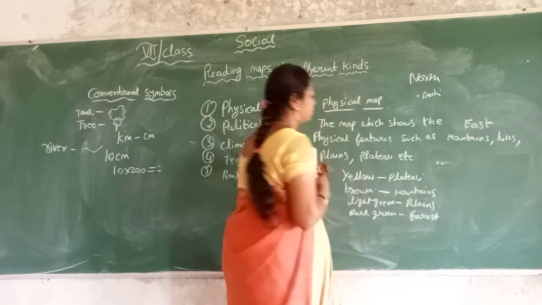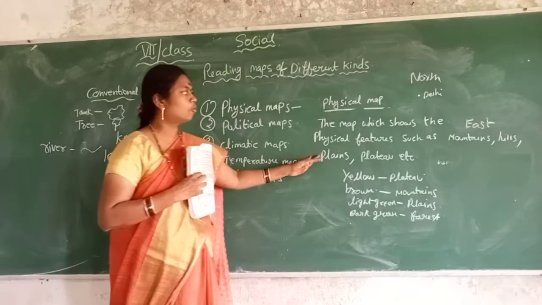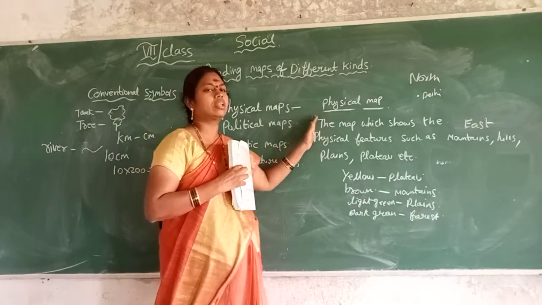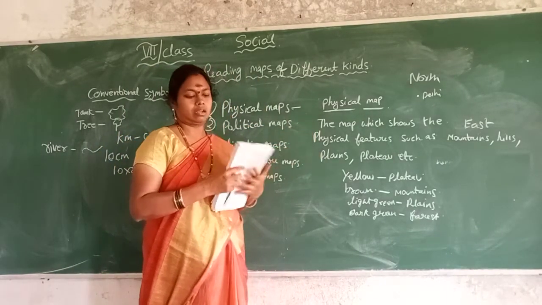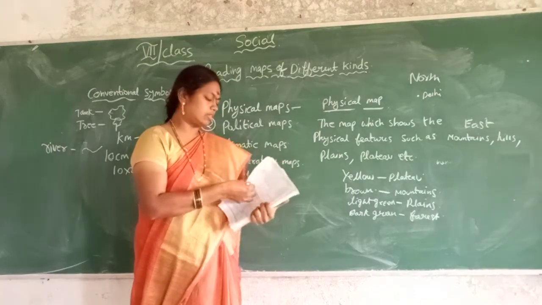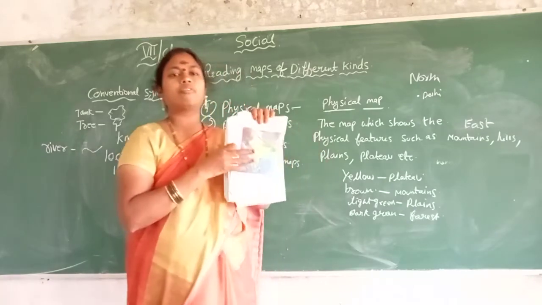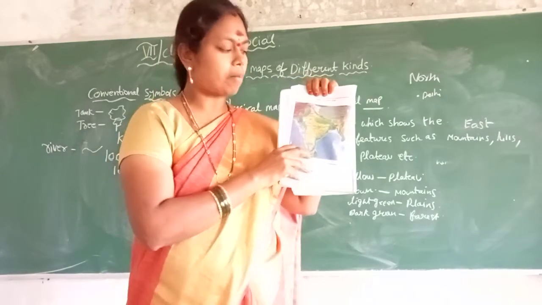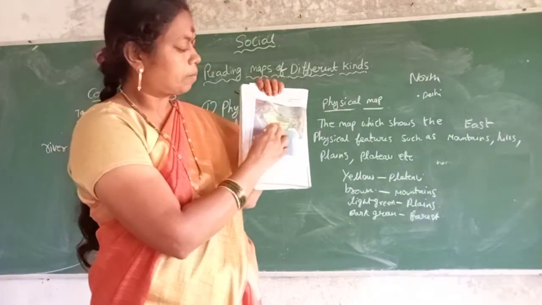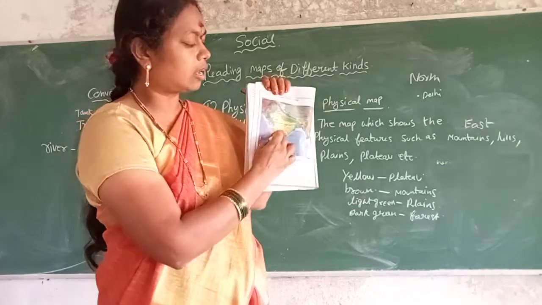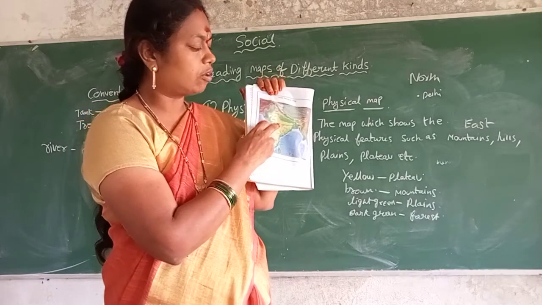So in this way, with the help of colors, you can show the physical features of any particular area. So let us notice the physical map here. This is the physical map of India. In this physical map of India, you can see the middle portion. This is the entire Deccan Plateau area. It is covered with yellow.